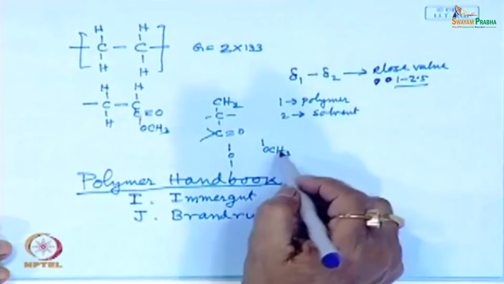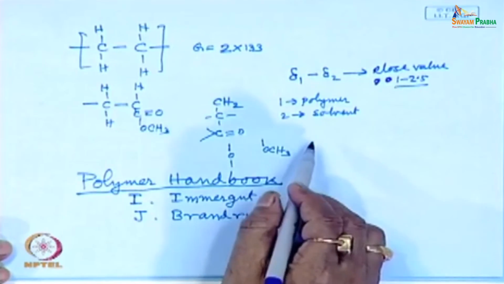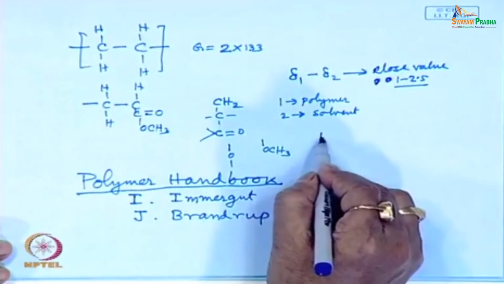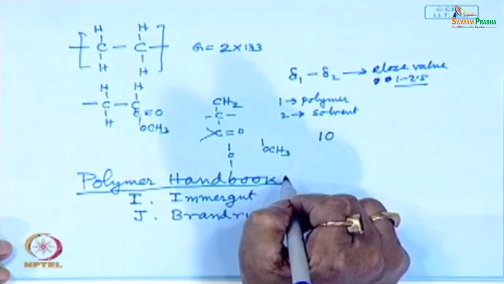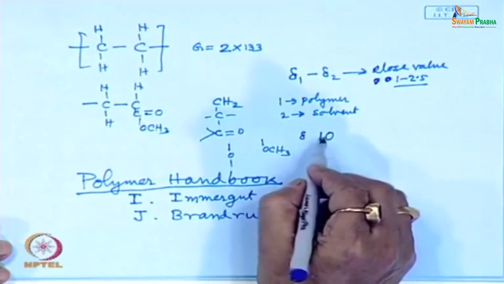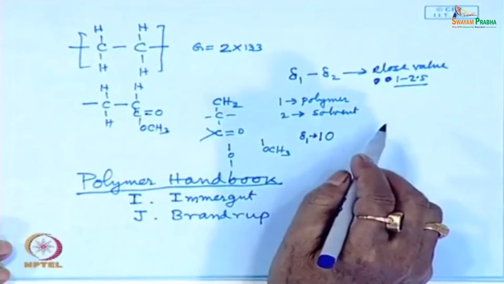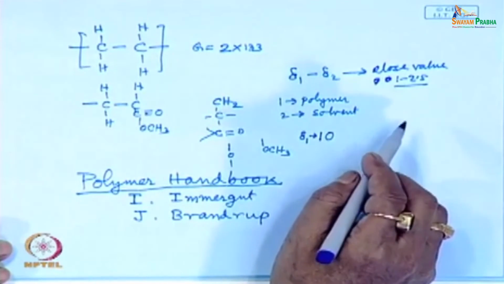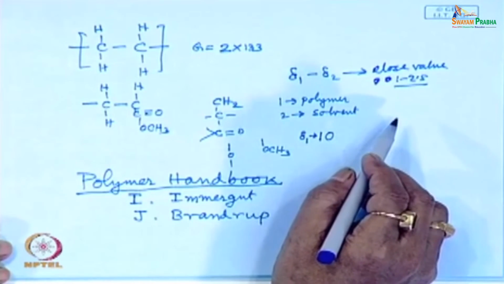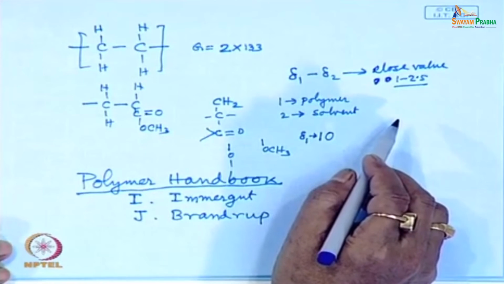So, if you know the solubility parameter value, suppose the solubility parameter delta value for your polymer is 10, then you should find out a solvent whose solubility parameter is close to 10, say 10.5 or 11 or 11.5 or even 12.